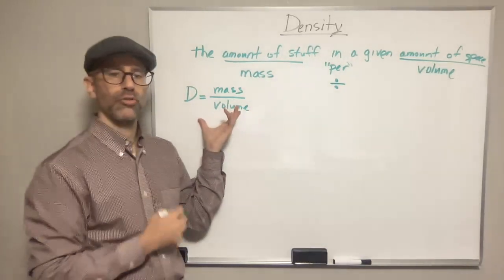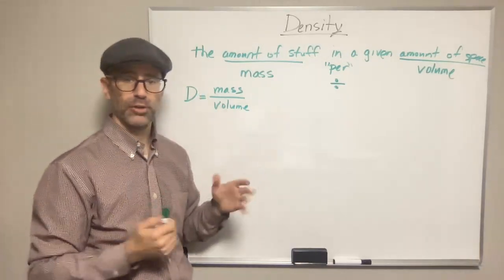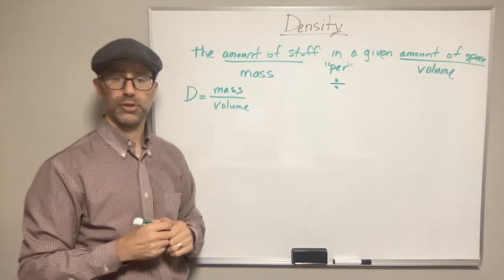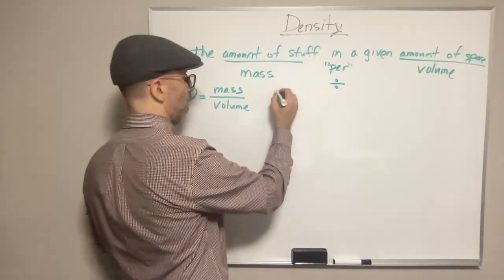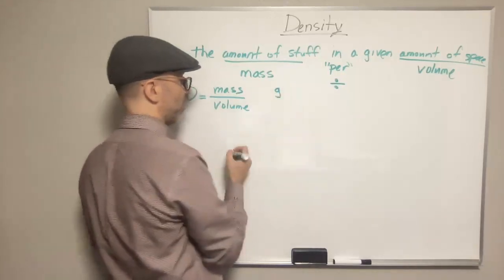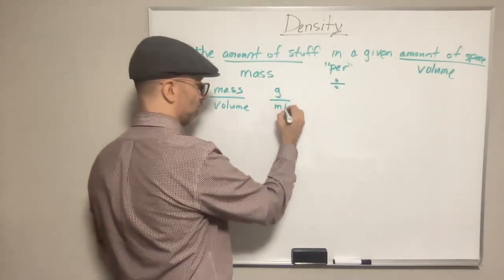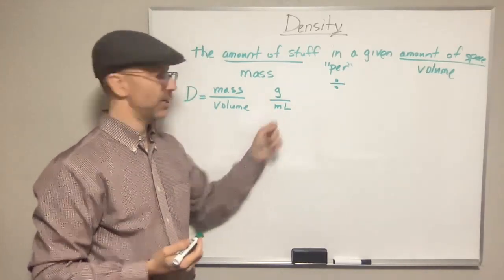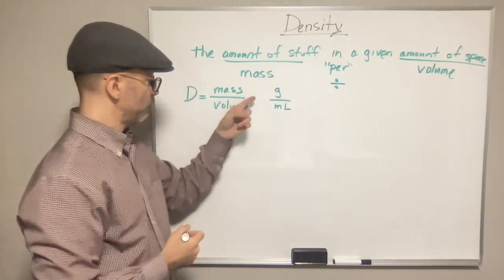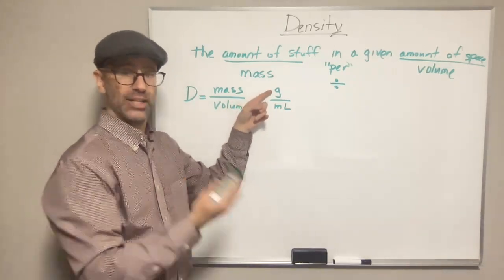And we can use different units when we do this. So mass can be measured in different units, volume can be measured in different units. But typically we'll measure mass in grams and we'll measure volume in milliliters. So you have grams per milliliter here. Or if you multiply grams by 1,000, you've got a kilogram.